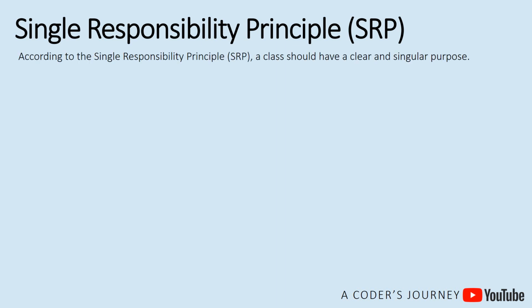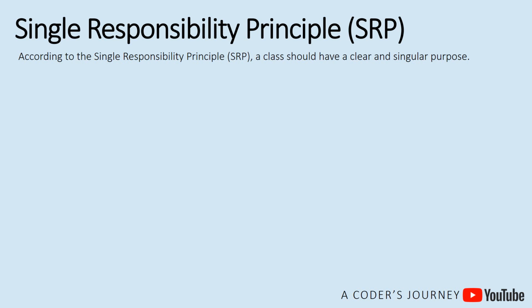So according to the single responsibility principle, which is shortened to SRP, a class should have a clear and singular purpose. This is a very simple definition, because the formal definition of the SRP is something else.